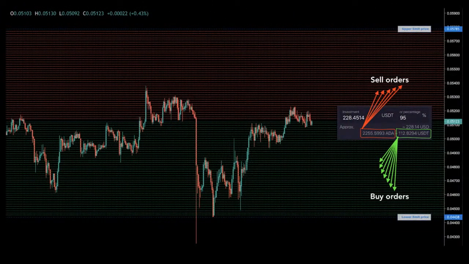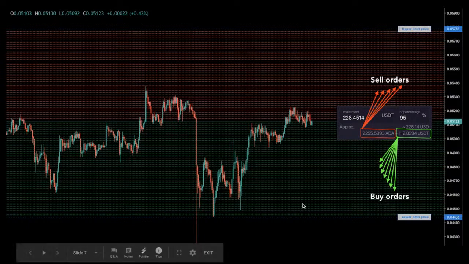So the mechanism itself is called the grid, and grid itself is nothing more than just a simple limit order. It's either a buy order or a sell order.